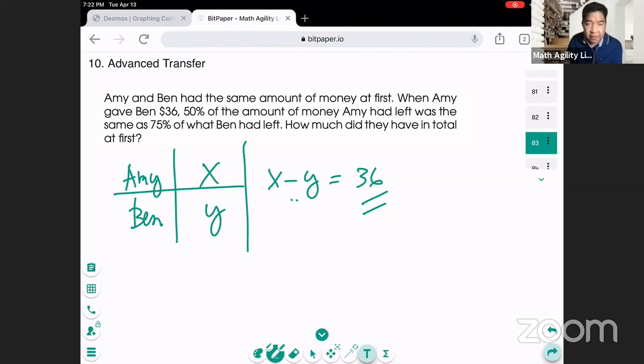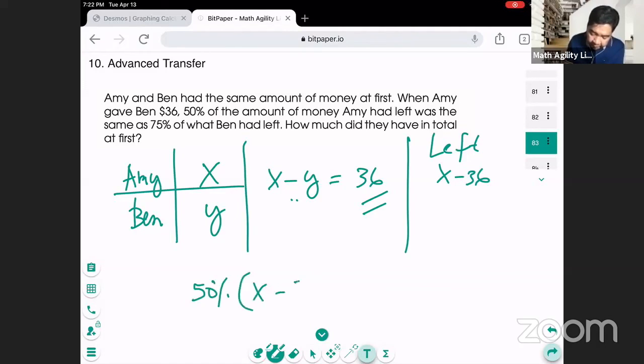Okay, so next part of the sentence, it says 50% of the amount of money Amy had left. So how much did Amy have left? That is X minus 36, right? So 50% of that is actually 75%, same as 75% of what Ben had left.